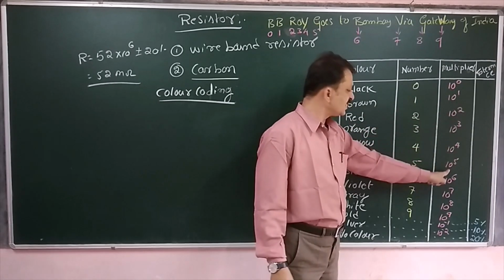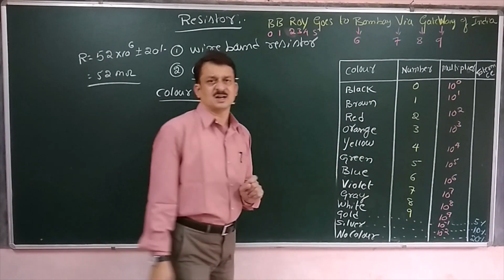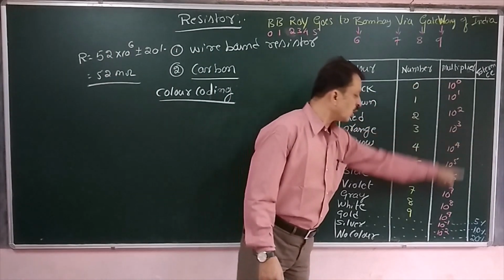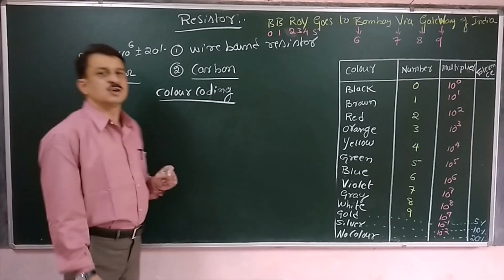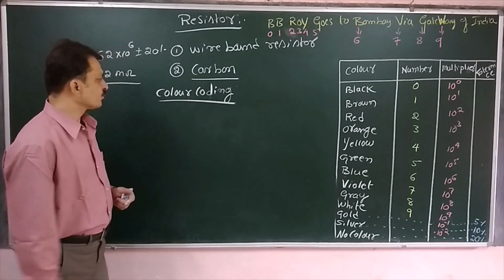Decimal multiplier means it is 10 to the power of some value depending on the color. And the fourth band represents the tolerance. Tolerance means the possible variation in the value of the resistor.